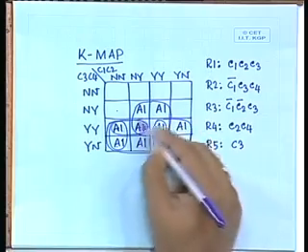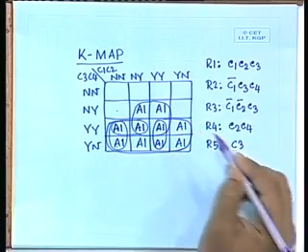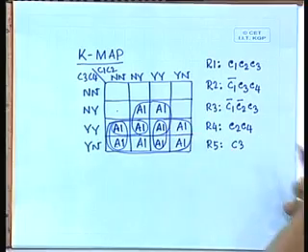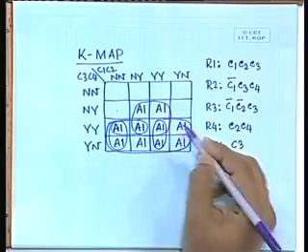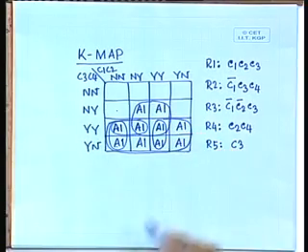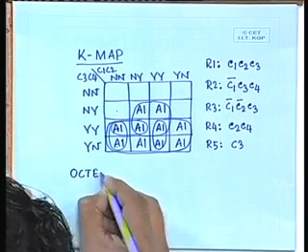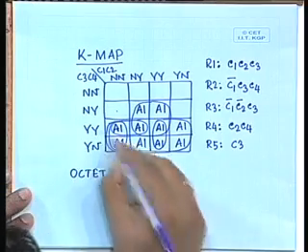So, what should we get now? We simplify, very easy to simplify. We have an octet and we have a pair, or you can say it is a quad, up to you, you can put it as a pair also, but okay, if you want it that way. So, you can have an octet. The octet is this one.